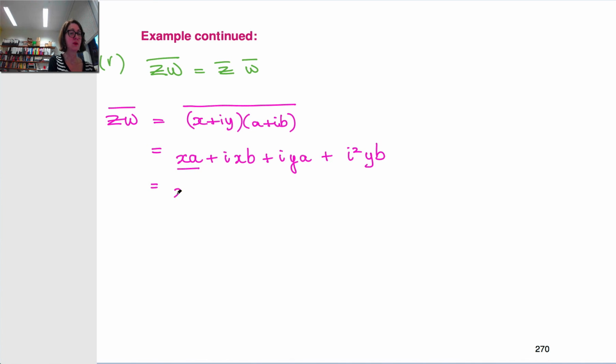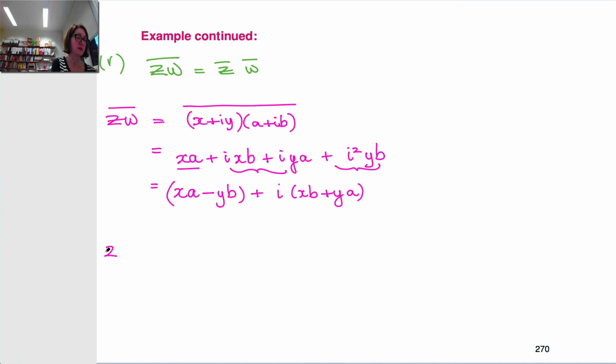Okay, so xa is a real part of this expression. i squared is minus 1, so this term is minus yb, and then these two terms have both got an i, so this is i times (xb plus ya). Okay, so that's what we get on the left.